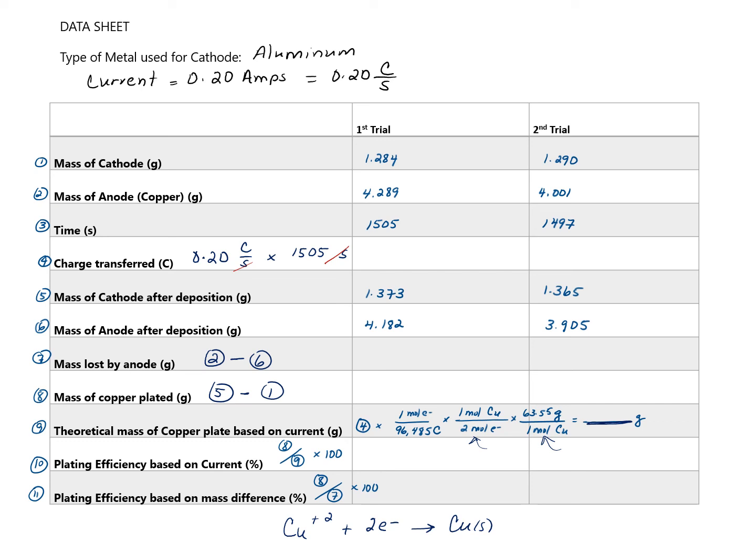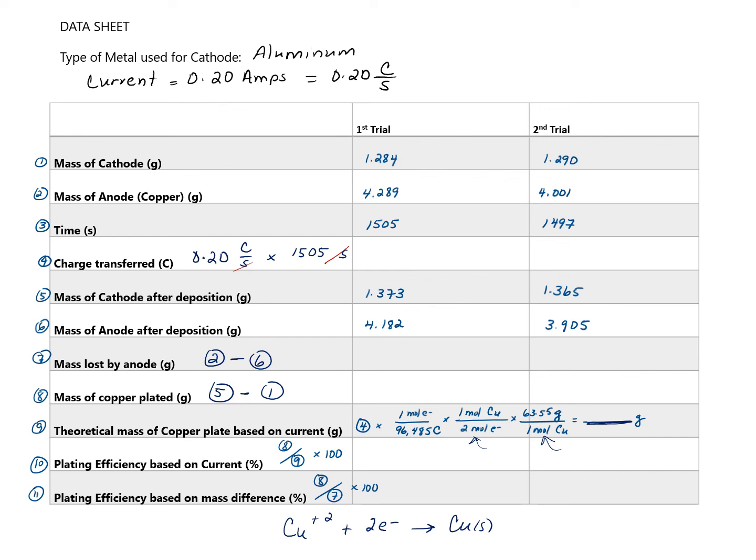Now for number 10 and number 11, this is very easy because we have all the numbers that you need to plug into your equation. To find the plating efficiency based on current, we use what you have in number 8, which is the mass of copper plated, and that's the same number we're using for number 11. So the mass of copper plated divided by the theoretical mass that you calculated in number 9.